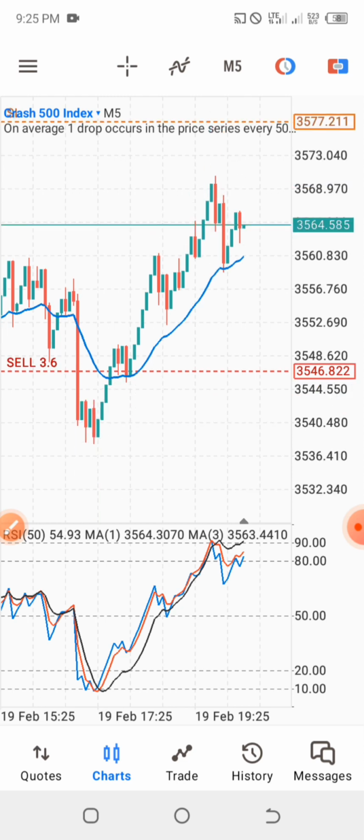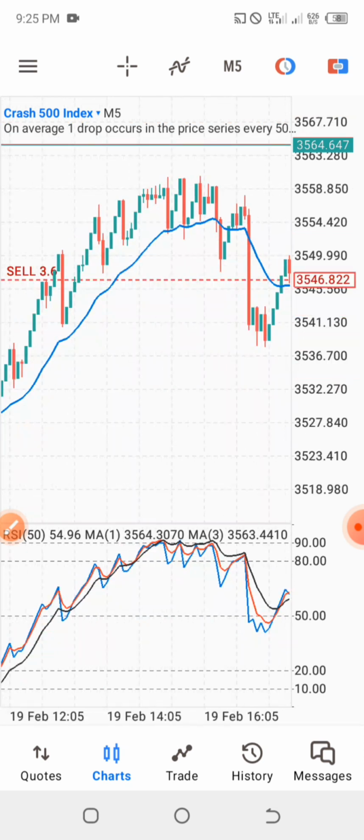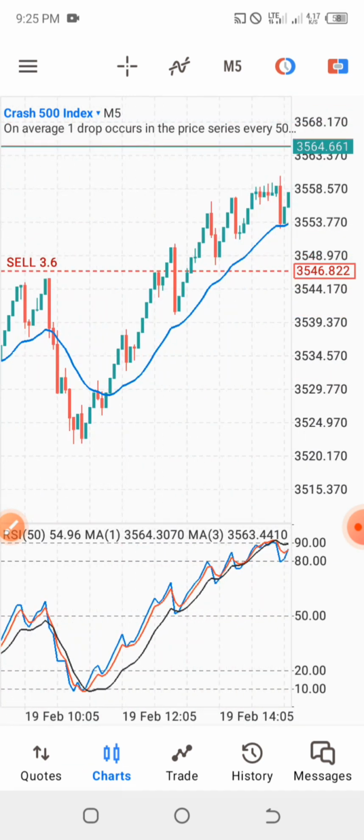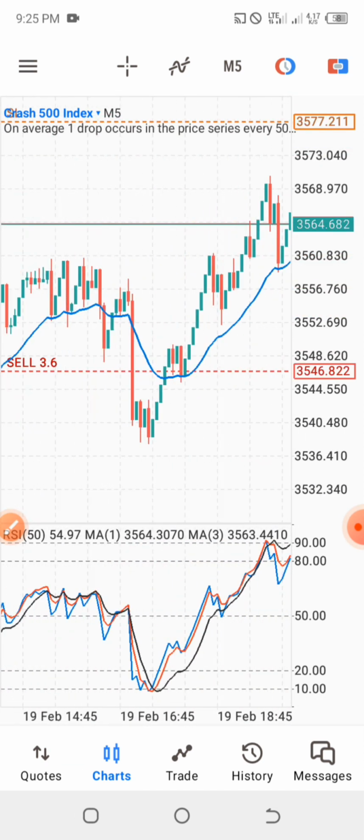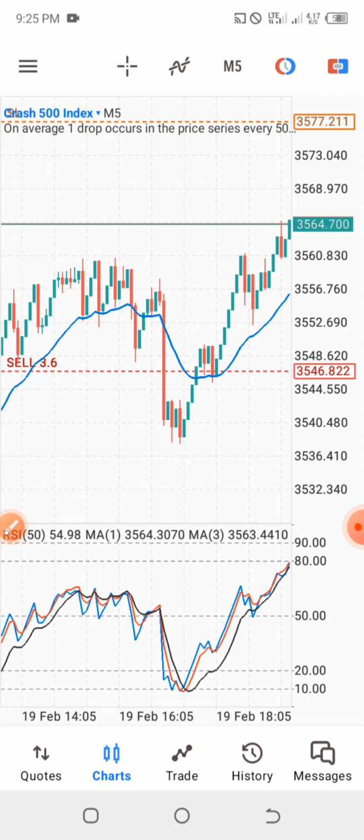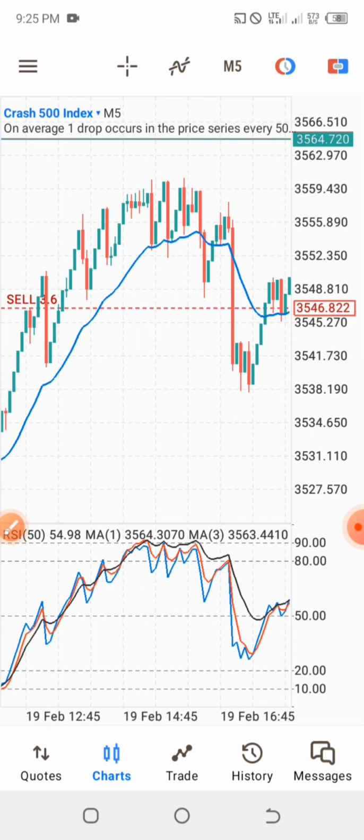So I'll be using the 5-minute time frame because this strategy is very crazy on the 5-minute time frame. Now this is our expectation, and as I explain this to you guys, you can use this explanation to work on the other time frames. Everything is applicable on the other time frames.